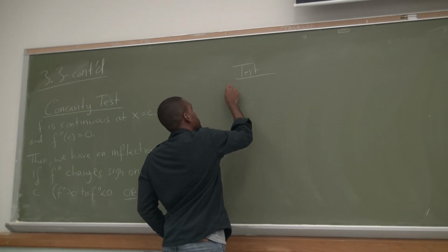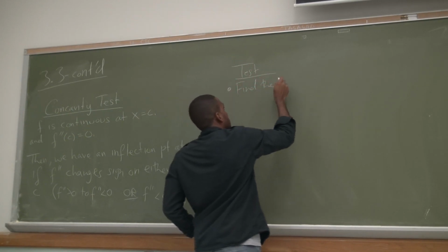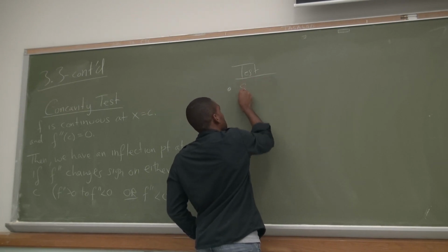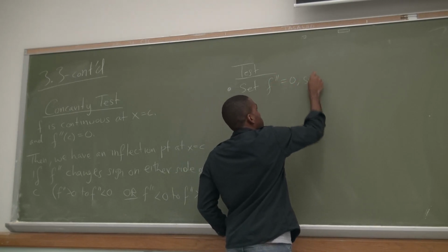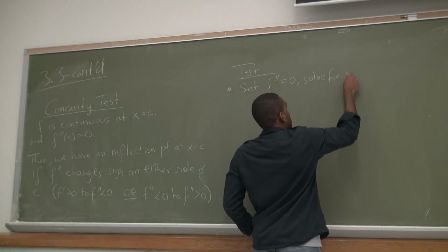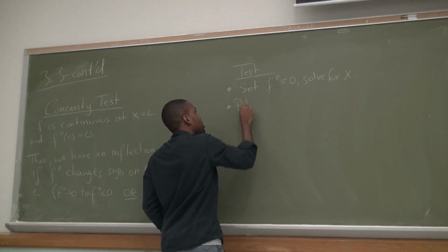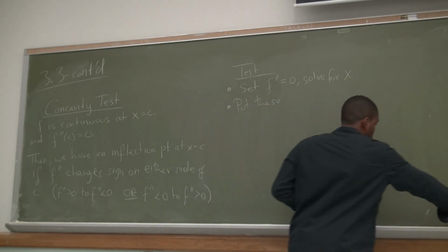So the test is the following. Set f double prime equals 0. Solve for x. Find the critical points.